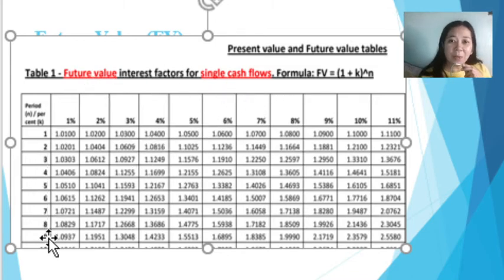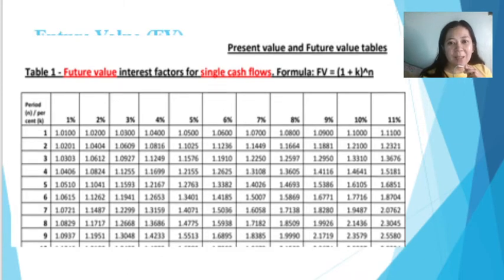If you could notice in this table, we have parts. As we discuss the parts, we will also discuss at the same time the steps on how to use this table to compute for the future values.